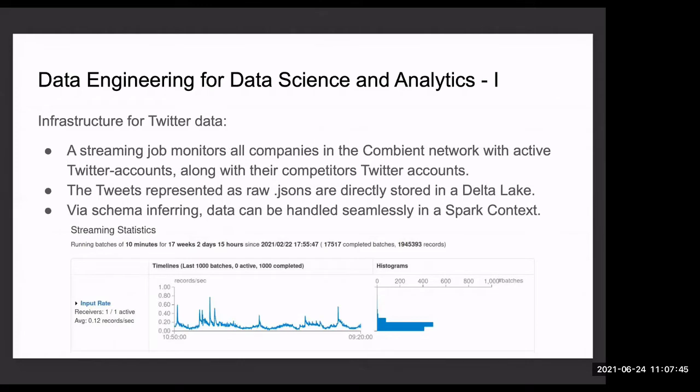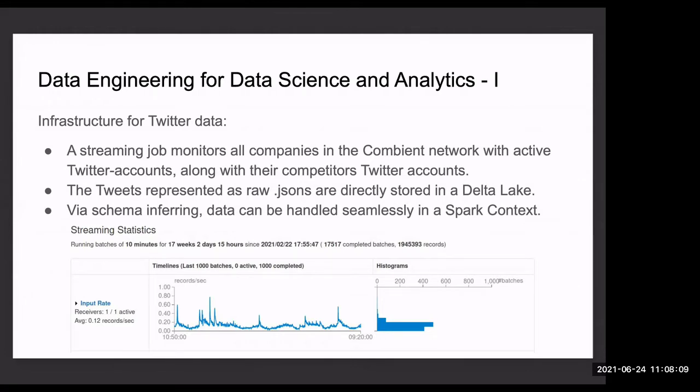All right, let's look at how we handle the data. We had to do some data engineering. What was done was that a streaming job was set up that monitors a set of relevant companies in the Commient network, and also their competitors' accounts.